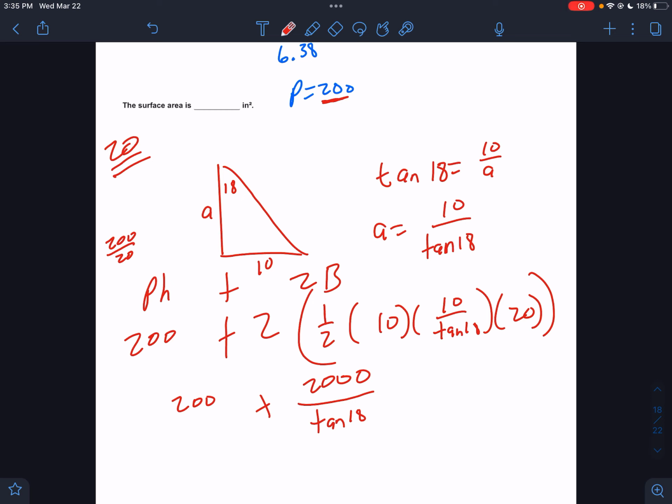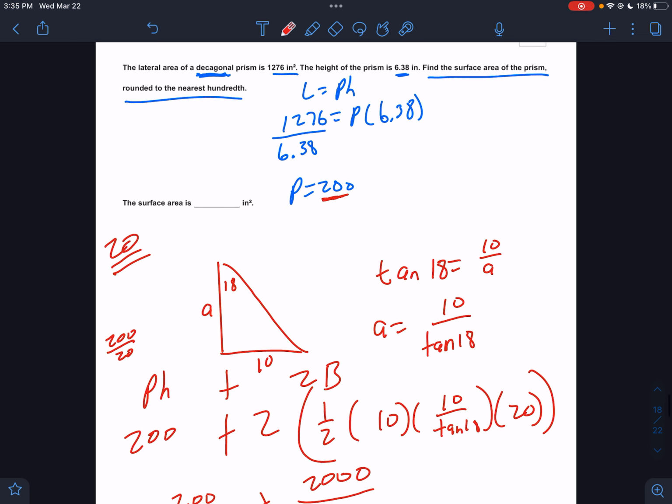Yep, so 2,000 over tan 18 plus the 200. What did I mess up?